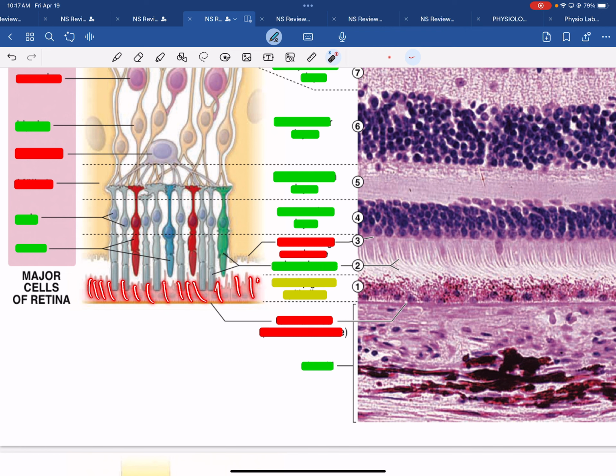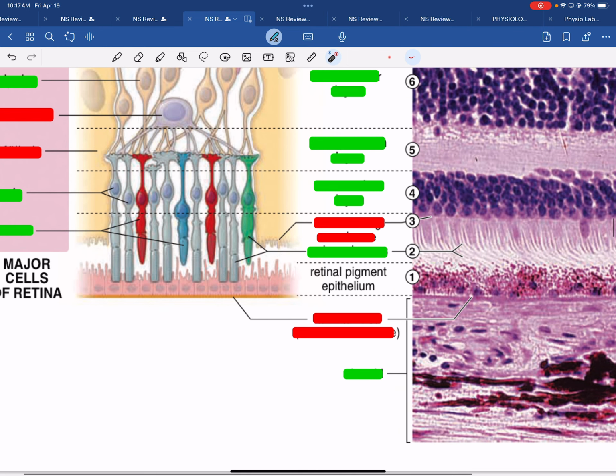What is this layer? This is the pigmented layer, the retinal pigment epithelium. This is useful for preventing light scattering, and also this is where the photoreceptors attach to the rest of the eyeball.